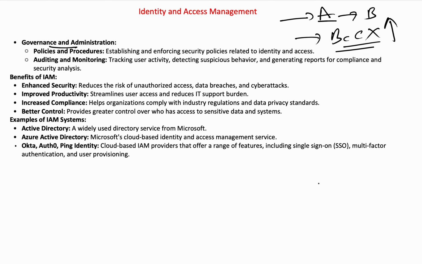In that audit, they will check your logs, what exactly you have used and done. If you have not used application B in the last 6 months, they will ask you if you really need it or not. Then you can say it was project based. But if you don't need it, they will remove your access to it. Audit is always a good way of tracking.